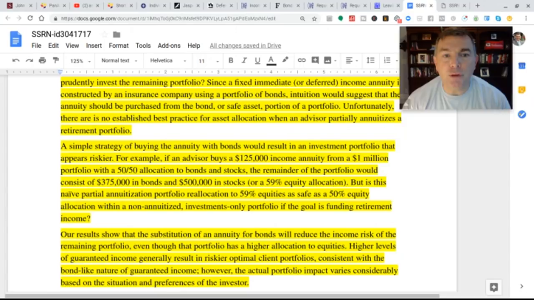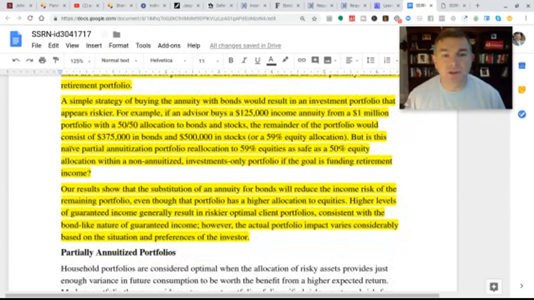But is this partial annuitization portfolio allocation to 59% equities as safe as a 50% equity allocation with a non-annuitized investment-only portfolio? Our results show that the substitution of an annuity for bonds will reduce income risk of the remaining portfolio, even though the portfolio has a higher percentage allocation to equities.